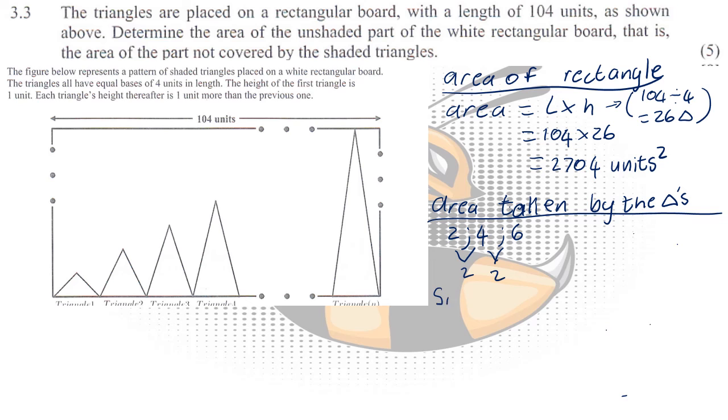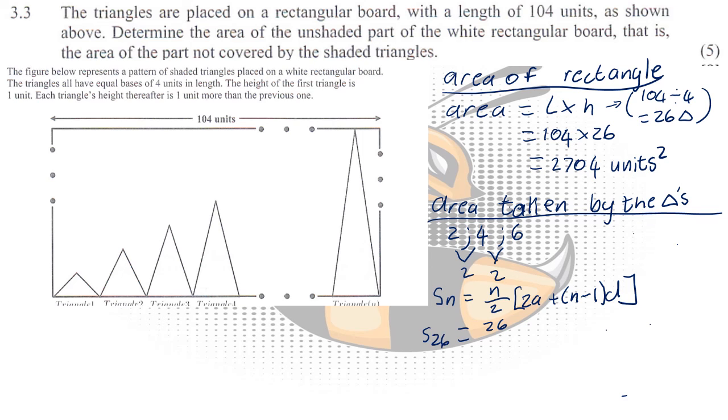Therefore, if we want to calculate the sum of all the 26 triangles being used, we can just use the sum formula for an arithmetic sequence. In this case, the n value would be 26.